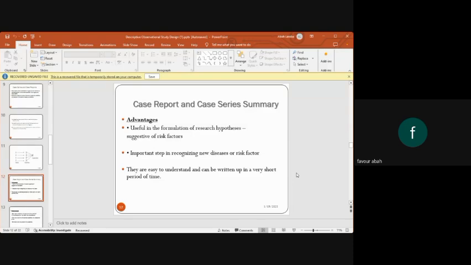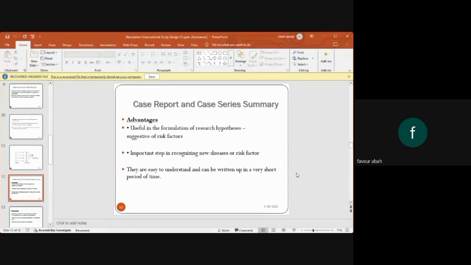Now there are advantages of case reports and case series. Case report is useful in the formulation of research hypotheses. Like I said before, it's suggestive of risk factors. When you are writing and compiling your case report, maybe from asking your patient questions, you begin to observe certain risk factors.